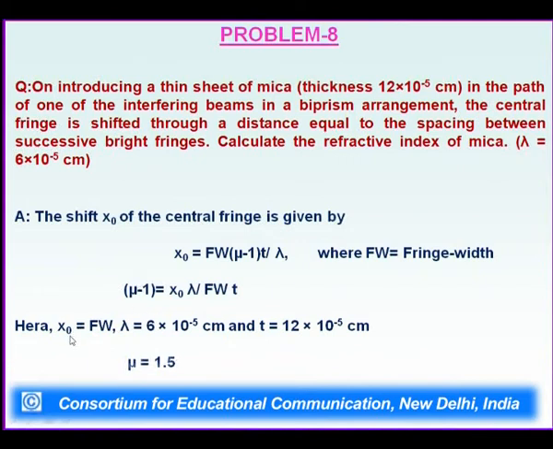The value of x naught is equal to fw, the fringe width, and lambda is 6 into 10 minus 5 centimeter, and thickness is already given, which is 12 into 10 minus 5 centimeter. By putting all the values here, we get the refractive index, which is equal to 1.5, the refractive index of the mica sheet between the path of the ray.